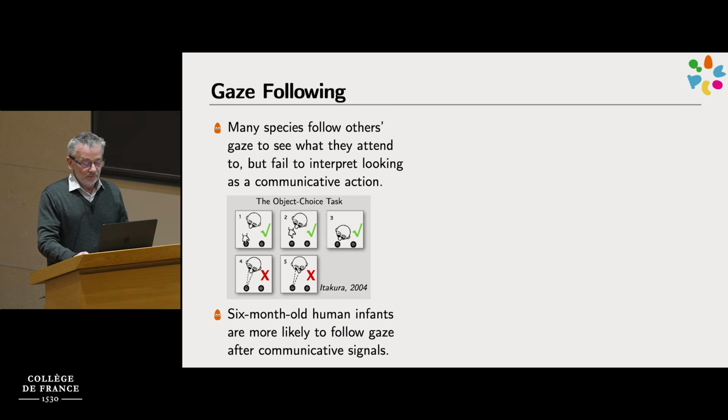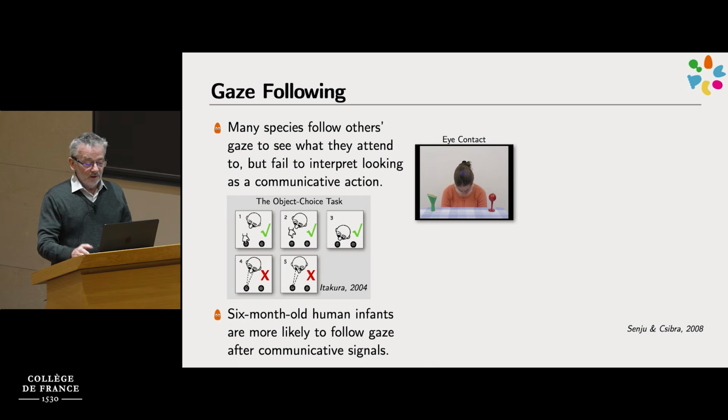Now, if you study gaze following in very young infants, in this case 6-month-old infants, it turns out that they're more likely to follow gaze in a communicative context than in a non-communicative context, suggesting that they interpret these gaze directions communicatively. So here is some evidence of that. You see a person looking left or right at one of two objects, but before that she made eye contact with the viewer.